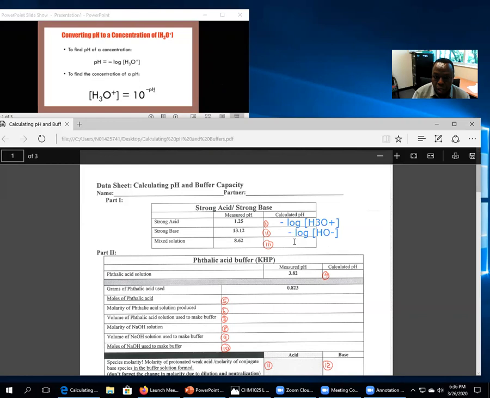Now, common sense right here. Let me see if somebody can just think of what is going on. I'm gonna mute everybody here and we're just gonna have a discussion on how you will find the pH of the mixed solution.